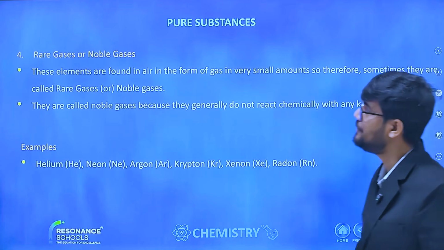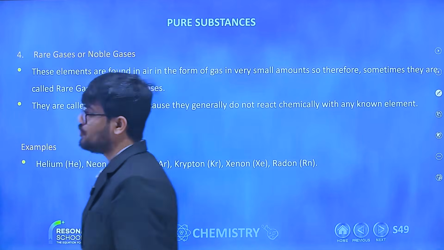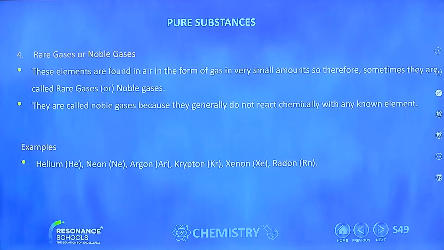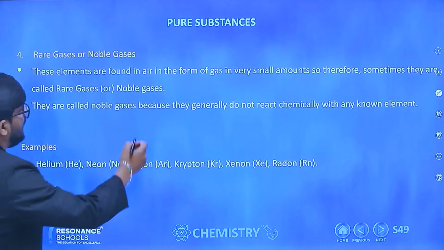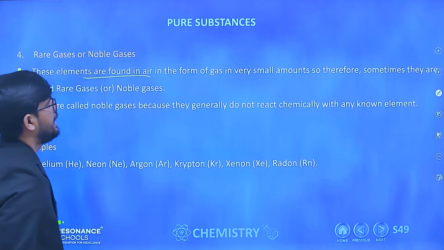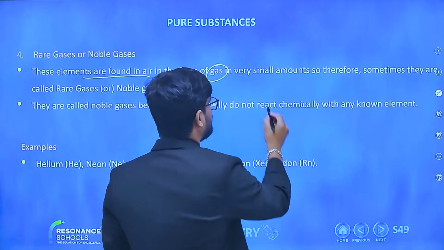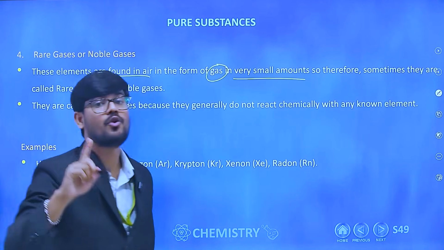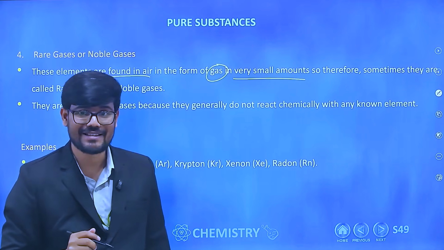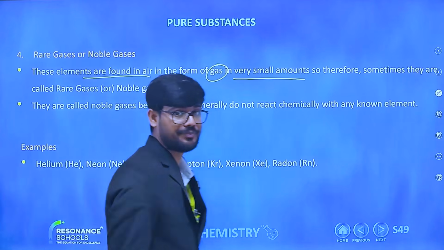Now this is the fourth one: rare gases or noble gases. Already we discussed. These elements are found in air in the form of gas in very small amounts. See why noble gases are called rare gases? Here we have the reason.